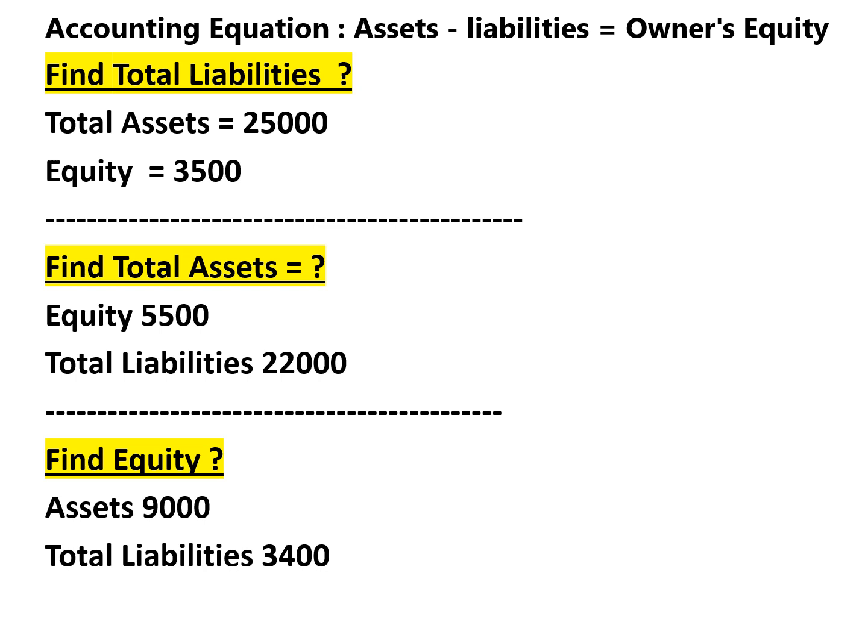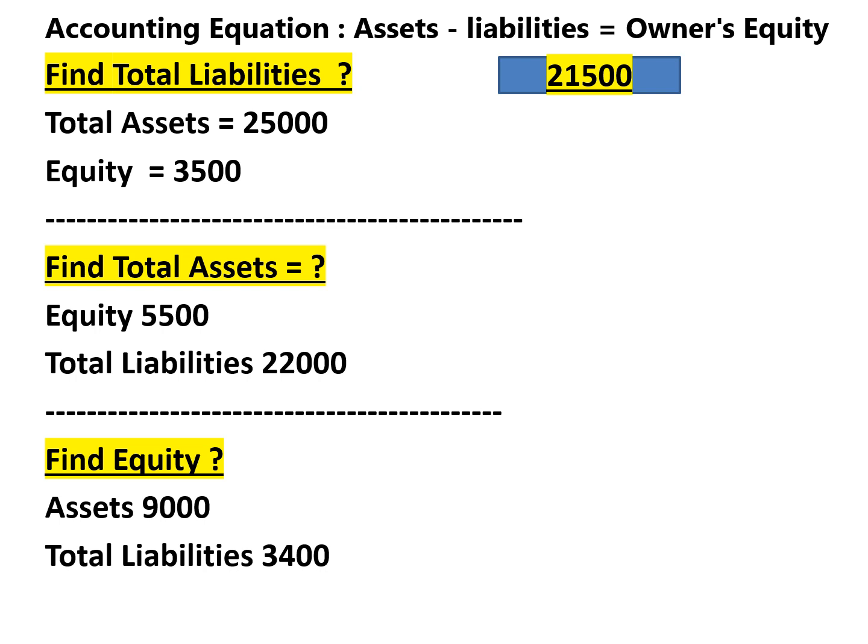If we have any two figures available, we can find the third one. In the first example, if total assets is equal to $25,000 and total equity is $3,500, we can find our total liabilities. So total liabilities here are $21,500.